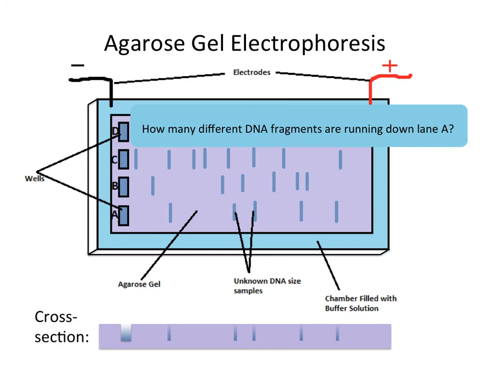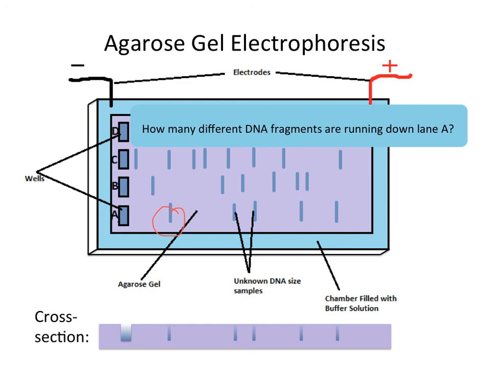So how many different sized pieces of DNA are running down lane A? We've got one band here. Those are millions of copies of DNA that are exactly that size, all electrophoresing and moving through the gel at the same speed because they're the same size.